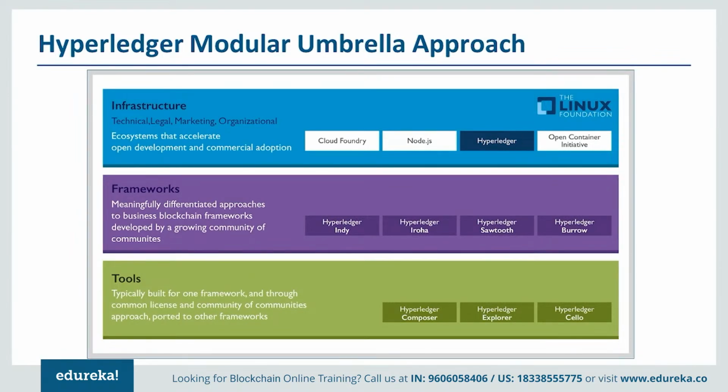And then there are different tools that are available, like Hyperledger Composer. Now, Hyperledger Composer is one of the most widely used tools in Hyperledger. But now this tool has been deprecated by the Hyperledger organization because the maintenance cost of this tool was really high.